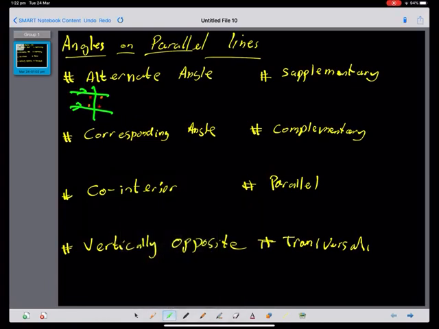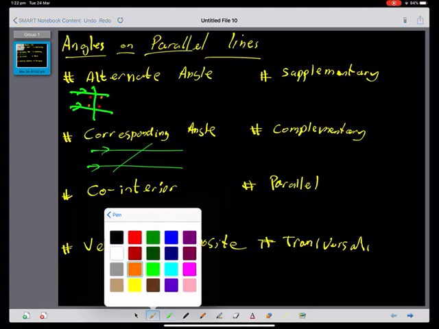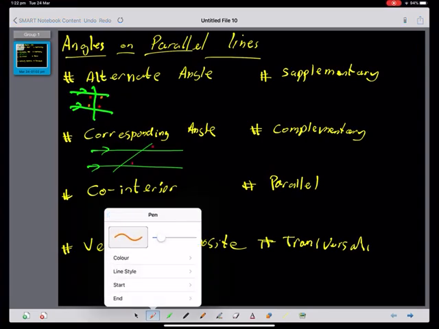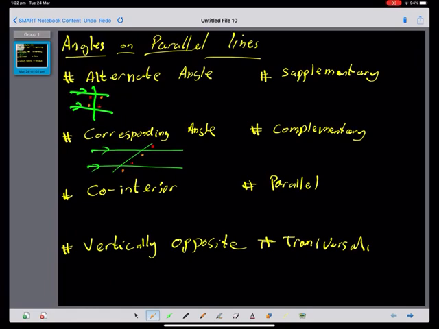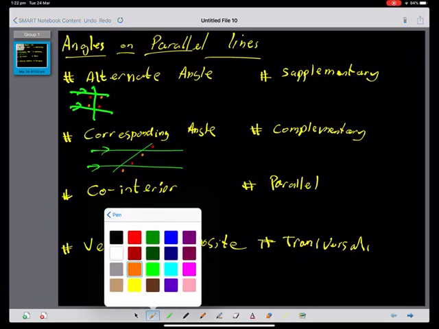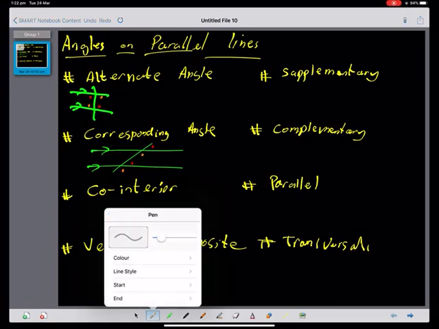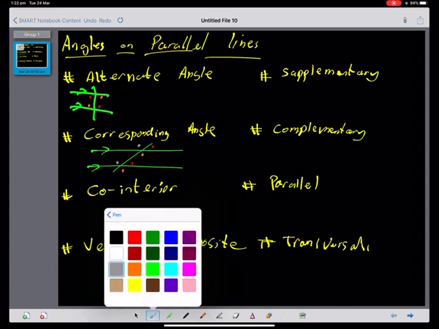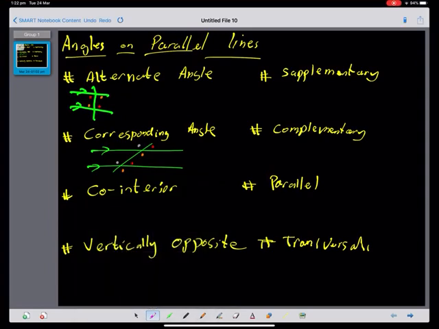So let's have a go at doing corresponding angles. So corresponding angles are here, corresponding, corresponding, corresponding, corresponding. On the other side, corresponding, corresponding, and corresponding, corresponding.